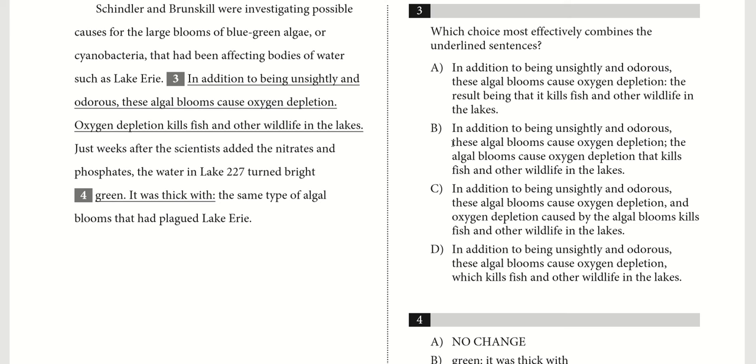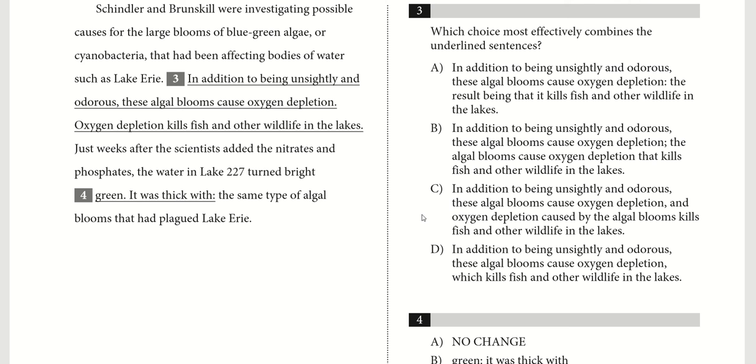You're ending this sentence with these algal blooms cause oxygen depletion, and then the next sentence starts with the algal blooms cause oxygen depletion. So it's again the same issue we originally had here. It's just unnecessary redundancy that we're trying to get rid of in the first place, and that's just happening again here. So we don't want that sort of repetition.